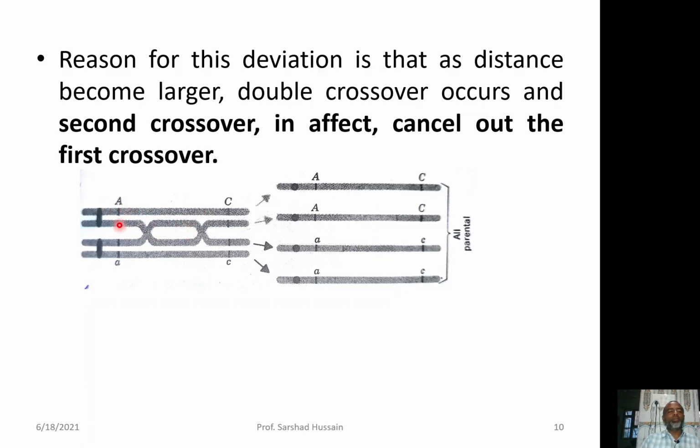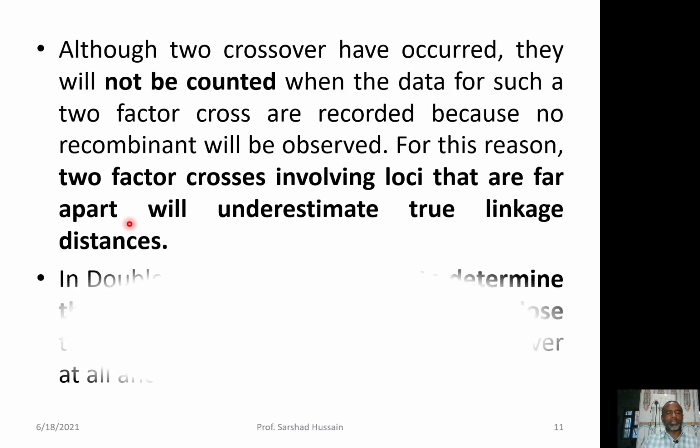As a result, you will not be able to find what is the distance between the two closely related genes. So, this is another limitation of the two factor crossover, that with the long distance also sometimes you are misled, you underestimate the distance, and with the small distance also you may not be able to get the significant result.